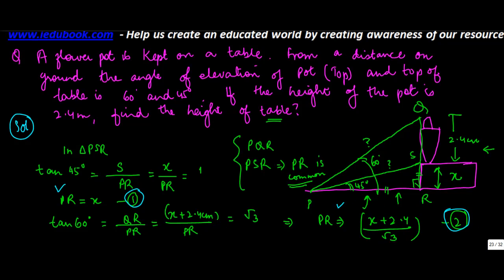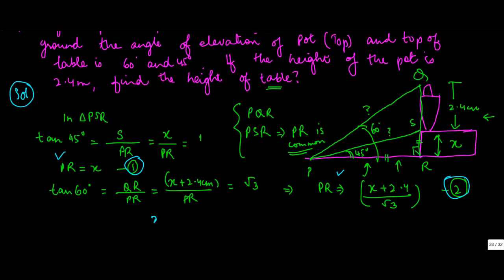So if I put these things together, I get x is equal to x plus 2.4 divided by root 3, which implies that root 3 x minus x is equal to 2.4, or x times root 3 minus 1 is equal to 2.4.